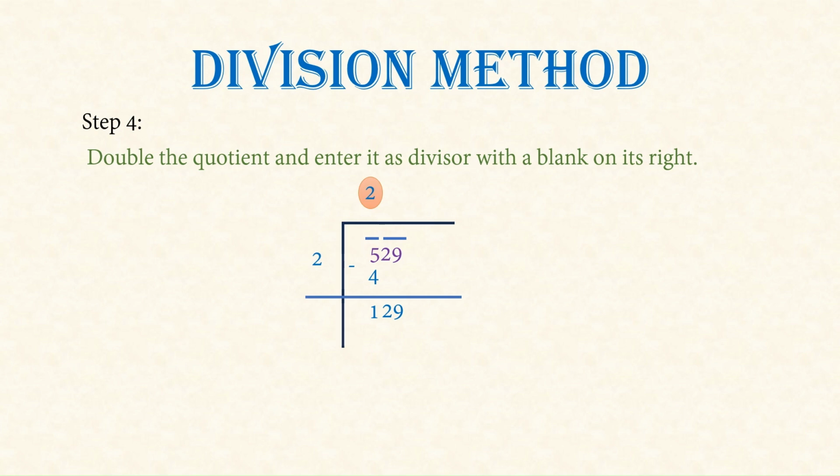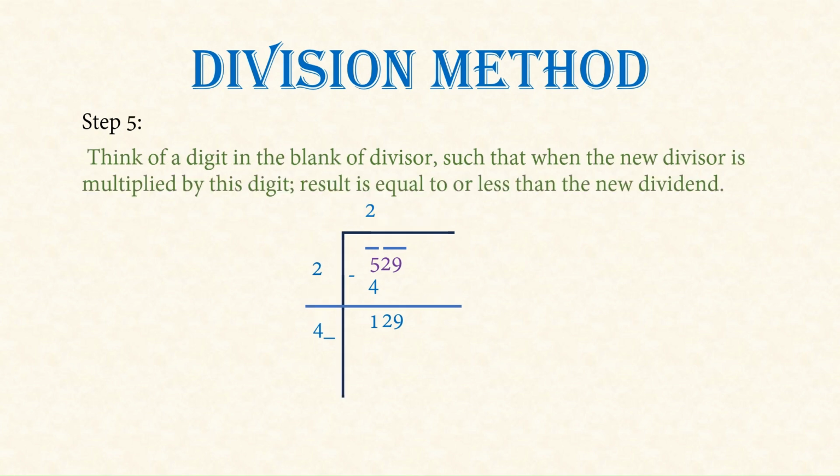Now we have 2 as a quotient. Doubling means just multiply that quotient with 2. 2 into 2 is 4, and then after 4 we have to write a blank, and that will be written as the divisor here. On finding the new divisor, now we have to think of a digit in this blank place in such a way that after placing that new digit here, the divisor when multiplied by the same digit should give a number that is either equal to the dividend or just less than the dividend.